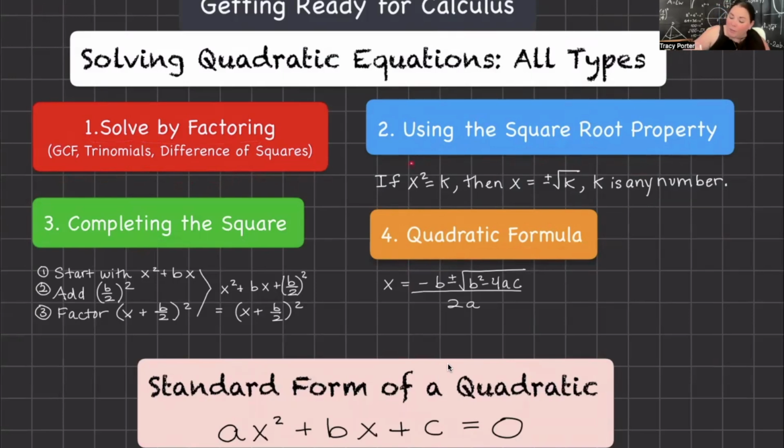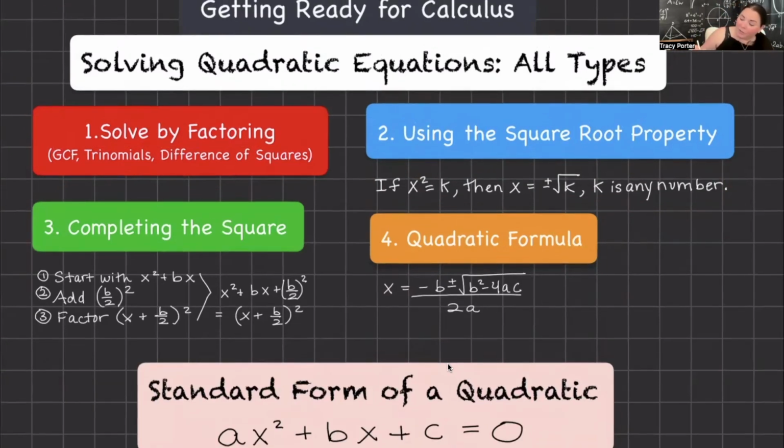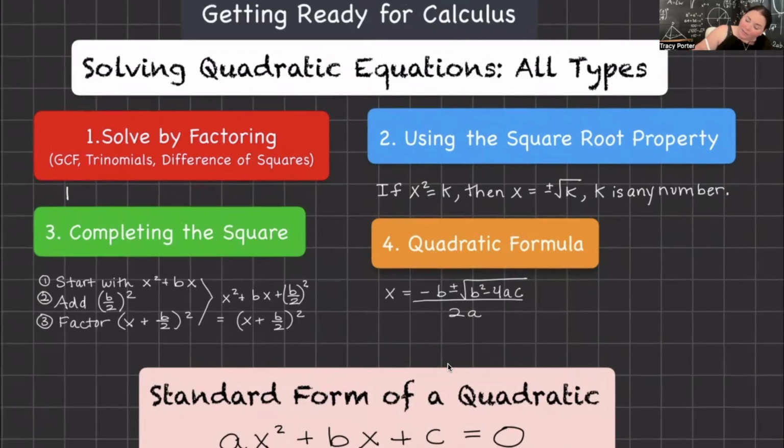So I have put in some little notes to remind you what those methods are. And just to add in something also for the first one, to solve by factoring, we use something called the zero product property that says if A times B equals zero, then either A equals zero or B equals zero.